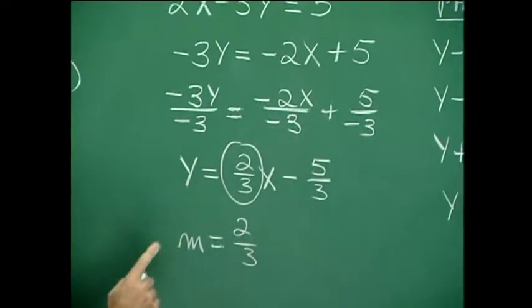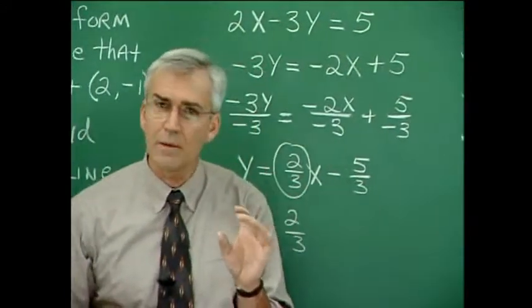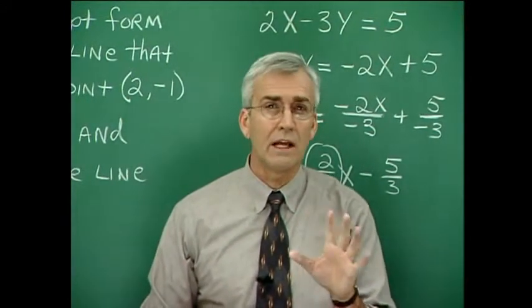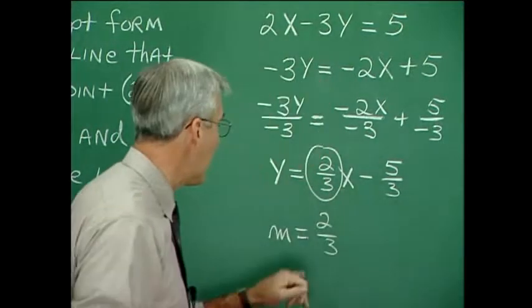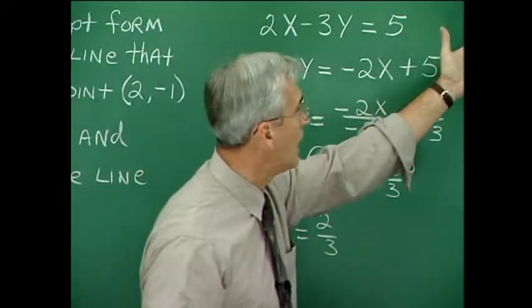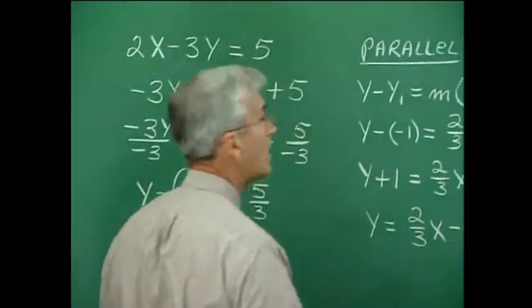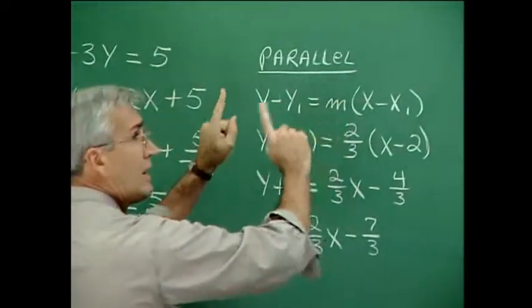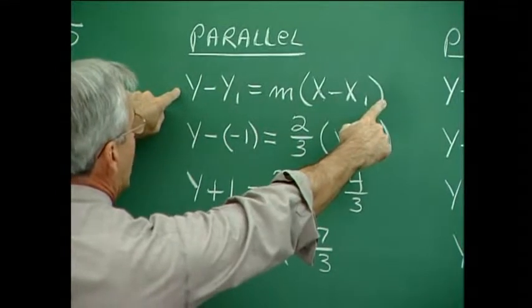All right, now that allows us to begin the process of coming up with the equation of any line that's parallel with this, because any line parallel with this will have a slope which is also 2/3. So for the parallel line going through a particular point, now remember that point was 2, -1. So we're inventing the equation of a line, so we use this point slope form.